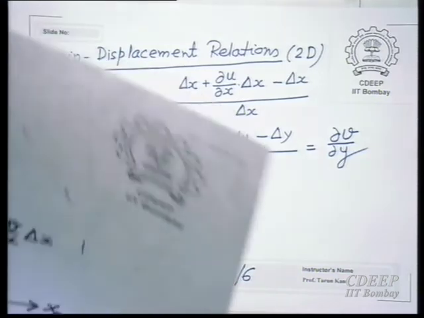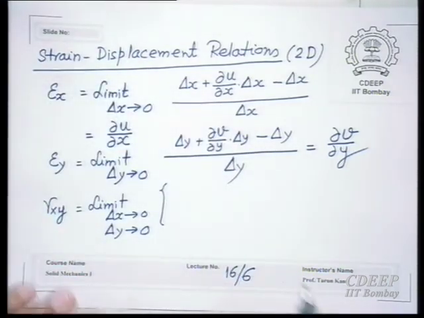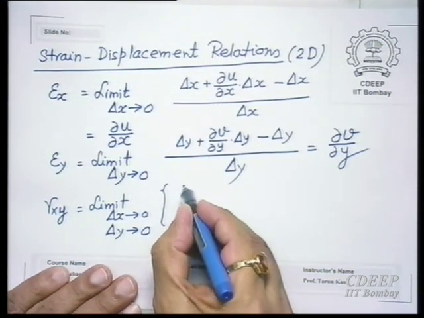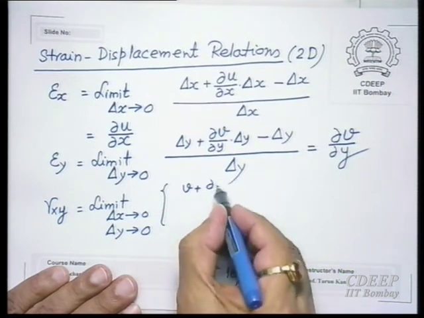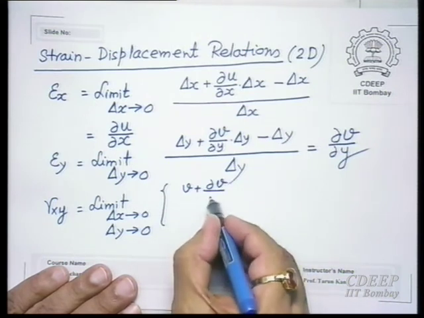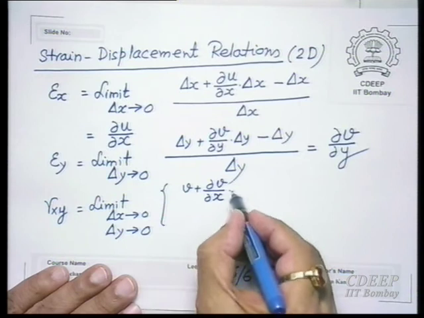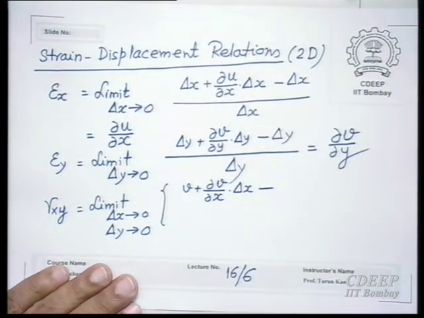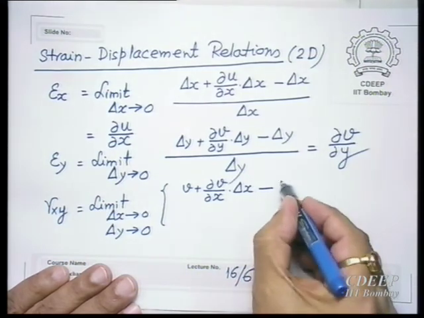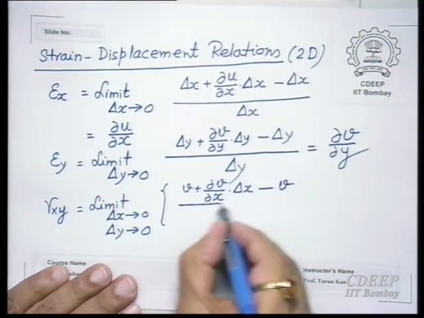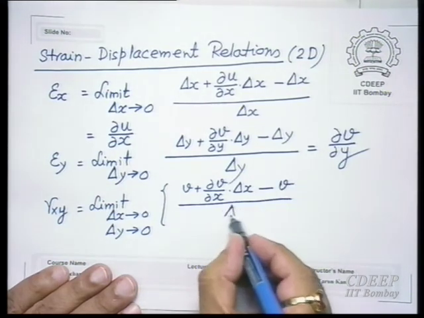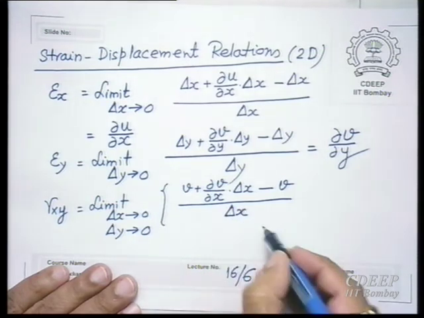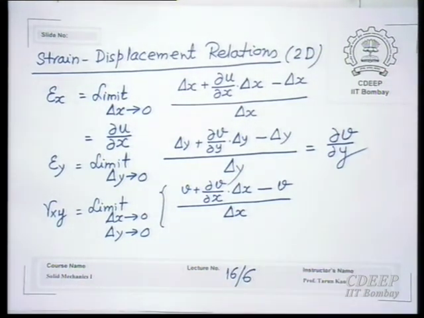So minus v divided by delta x. It is this angle.